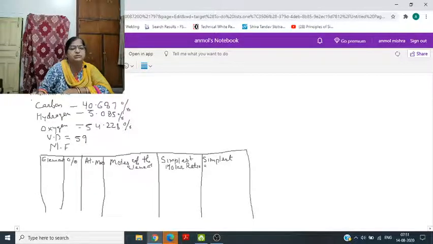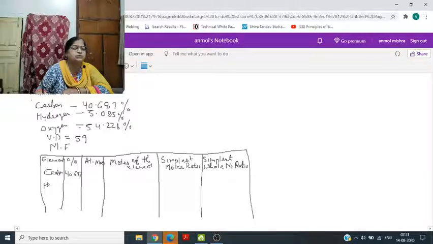The first is carbon, percentage 40.687%.